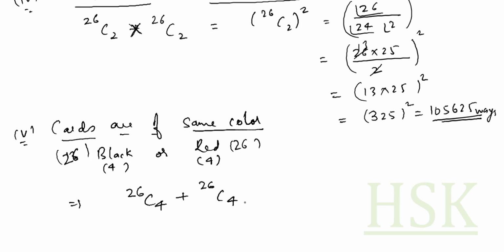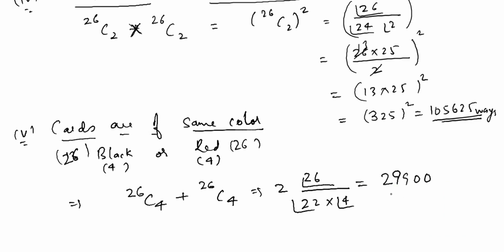Either condition is possible, so we add them. This is equal to 2 into 26C4, that is 26 factorial upon 22 factorial into 4 factorial, which on solving gives 29900, which is our required answer.